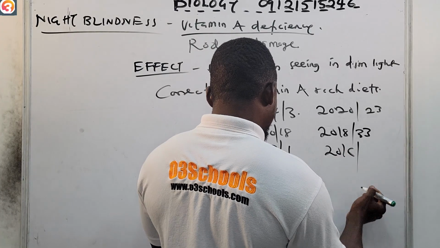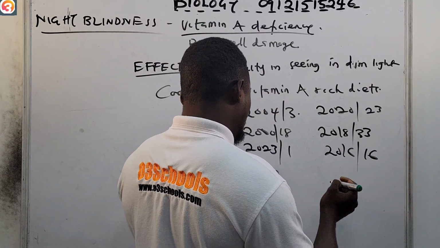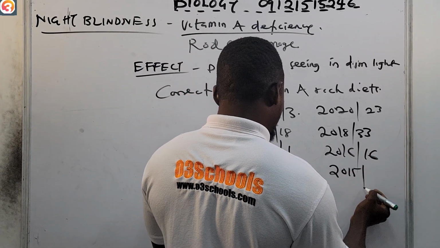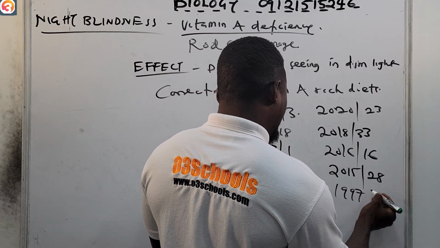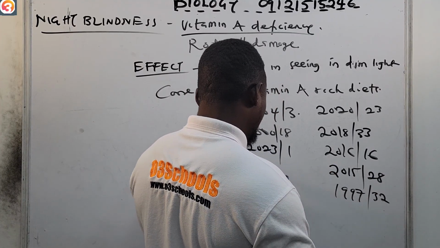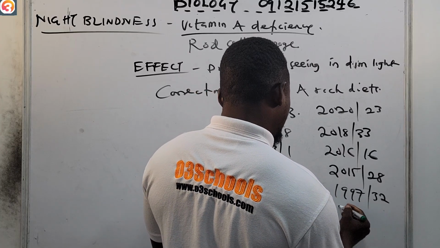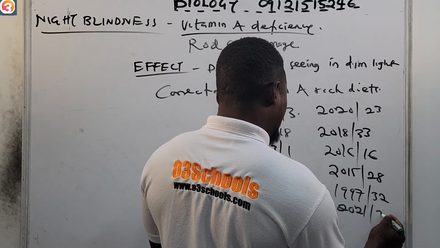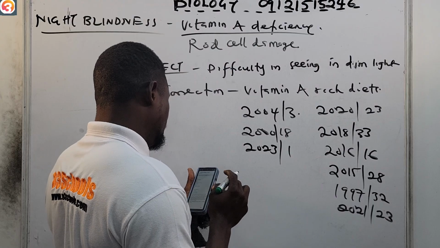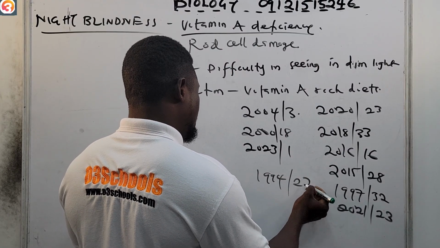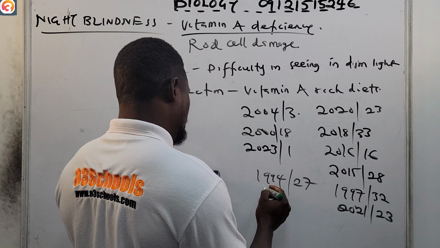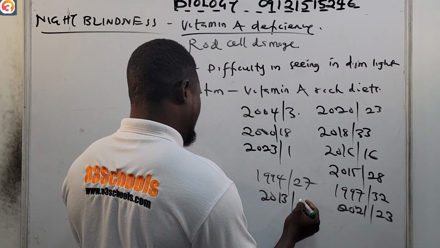Go and look for 2016 number 16. Look for 2015 number 28. Look for 1997 number 32. Look for 2021 number 23. Also look for 1994 number 27. Look for 2013 number 39.